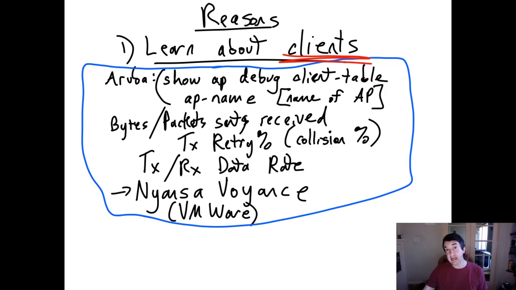Is it different if it's a Cisco MU-MIMO access point or a Mist MU-MIMO access point? Those are the client behavior types of things where you may really need to look at the packets that a client is transmitting to get an idea of how the client device is behaving.